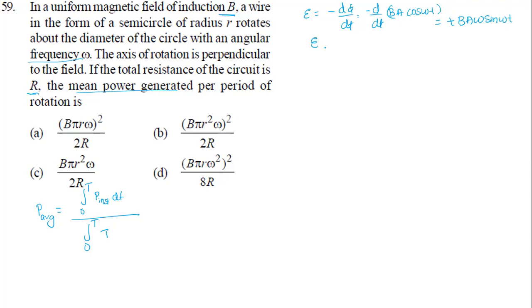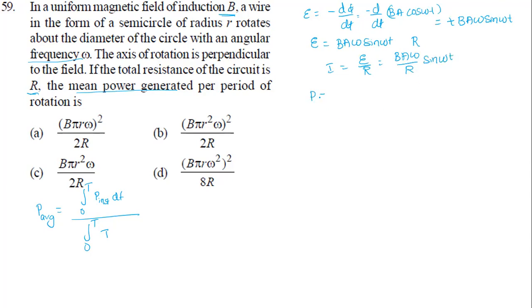That is the induced EMF, B A omega sin omega t. So resistance R is there. Current is given by E by R. So it is B A omega by R times sin omega t.